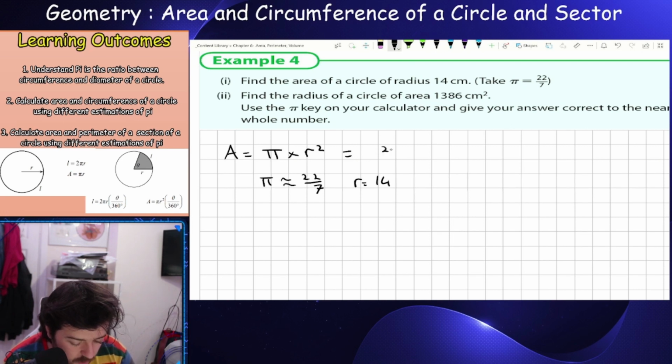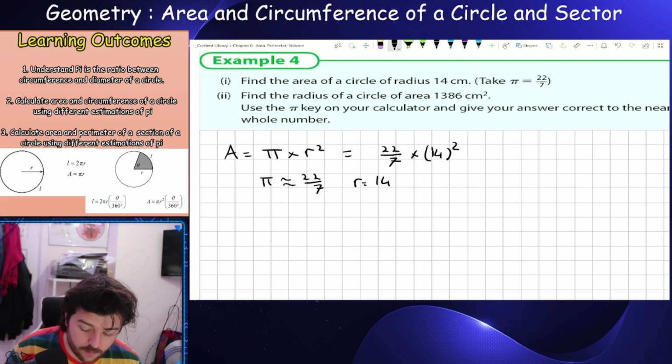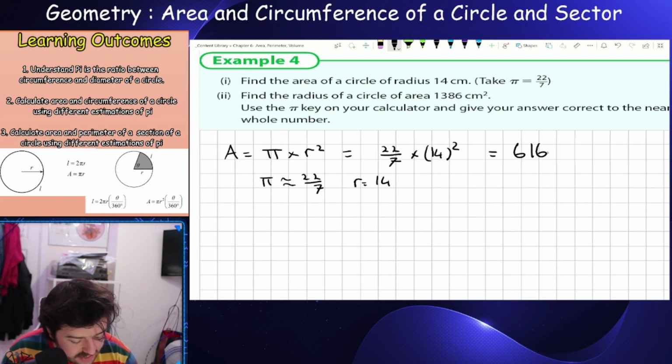So that's going to be 22/7 times 14 squared. We'll put that in a calculator, and we're going to get 616 centimeters squared. So that's going to be the area of my first circle here.